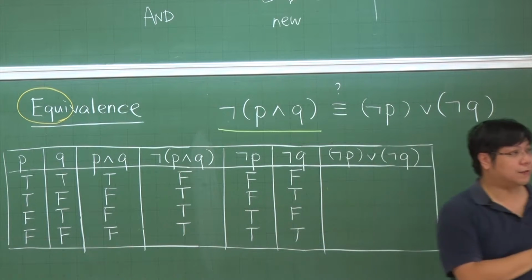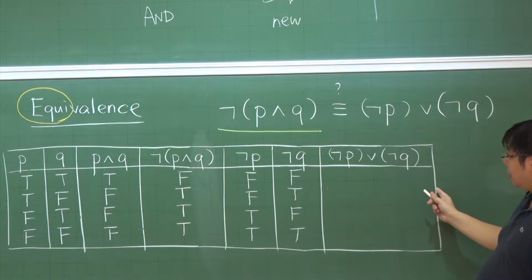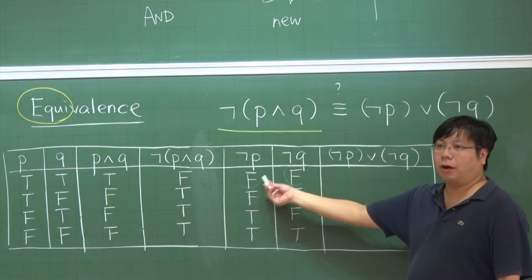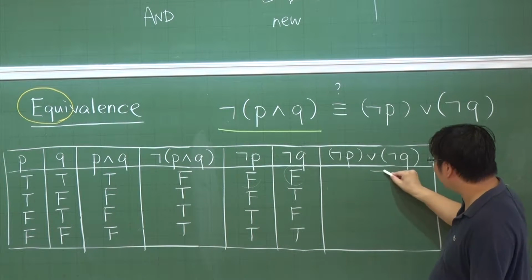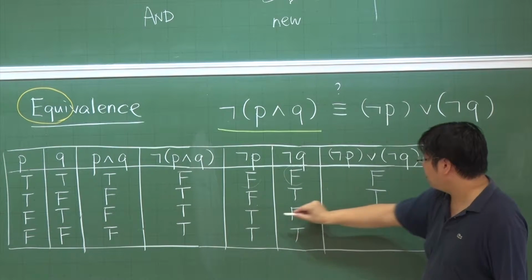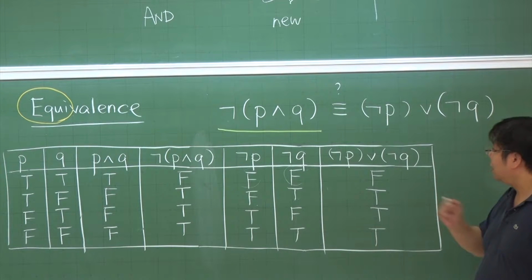Is that okay? So far so good, right? And then this is not P or not Q. So not P or not Q, we look at this one and this one. So false or false will give us false. Very good. And then false or true will give us true. True, false, true, and true, true, true.